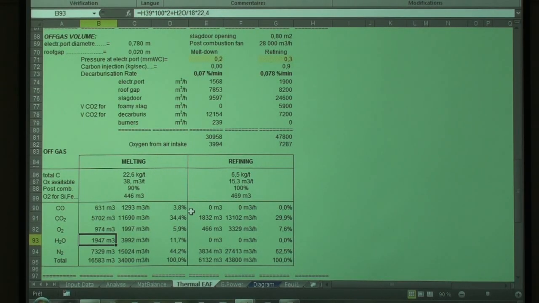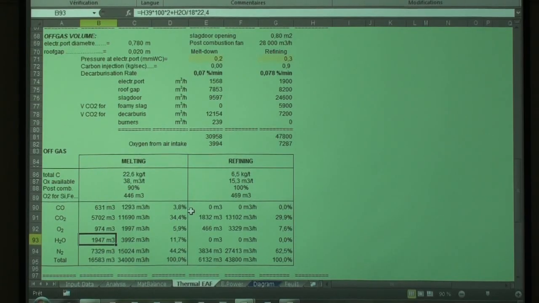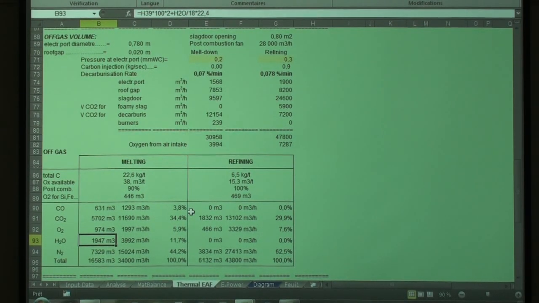But these post-combustion nozzles were invented in 91 or 92, and since then I made a lot of trials. I've seen several furnaces using this, and finally everybody has removed these post-combustion nozzles.